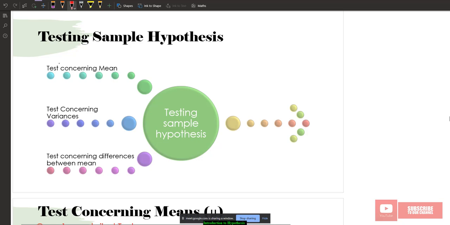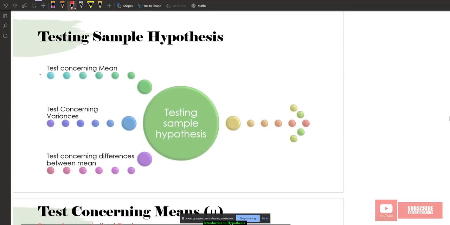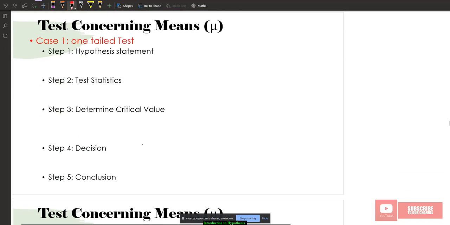Basically, I already explained the formulas. The same thing: we test concerning the mean, we test concerning variance, and we test the difference between means and variances. Let's look at tests concerning the mean. For this example, we have a single or one tail test. This is case number 1.